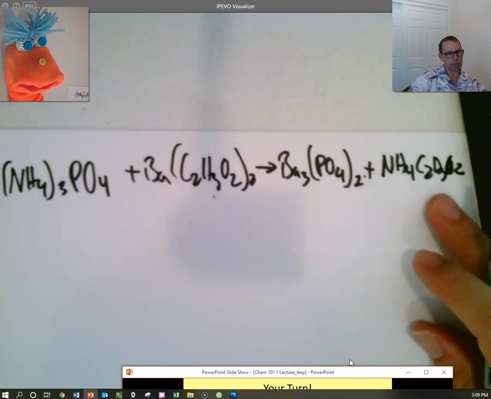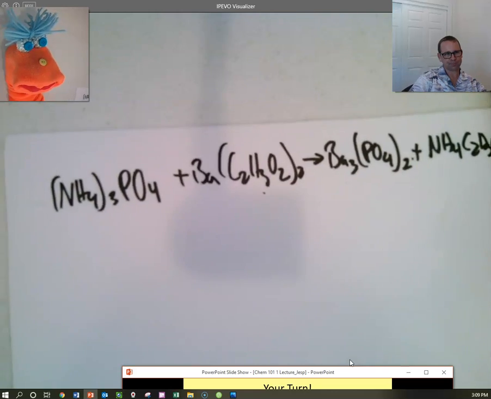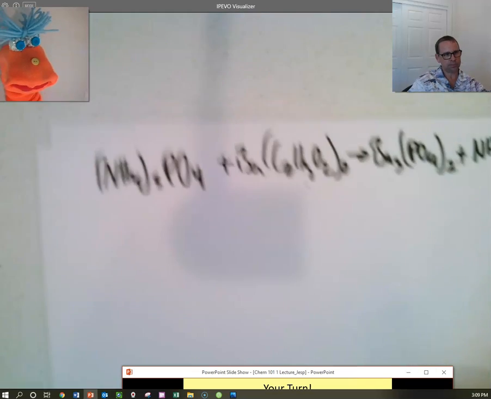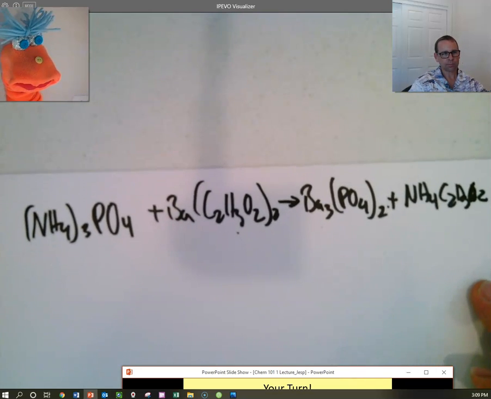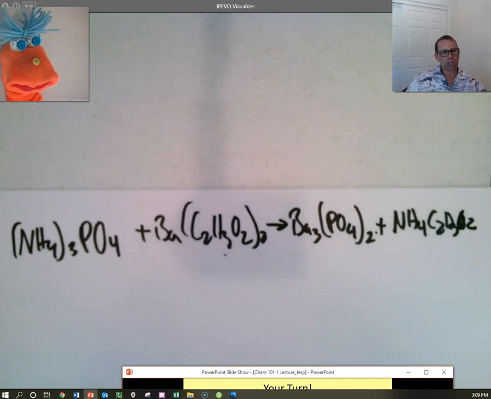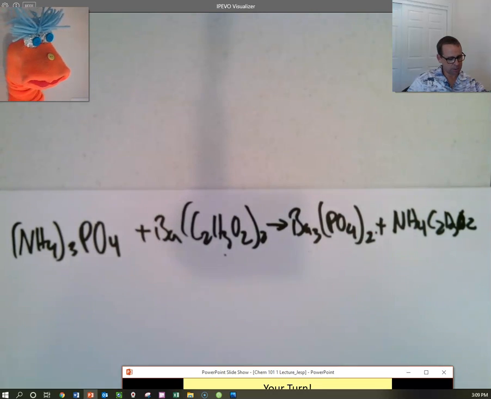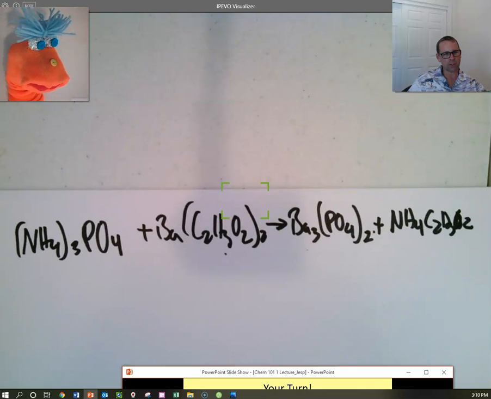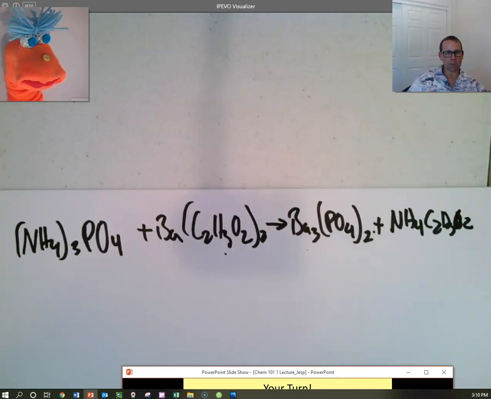What we were going to do here is count the different elements. We're going to count the nitrogens, the hydrogens, the phosphoruses, the bariums, carbons, hydrogens, and oxygens. And then we're going to make sure we have the same amount on both sides, right?